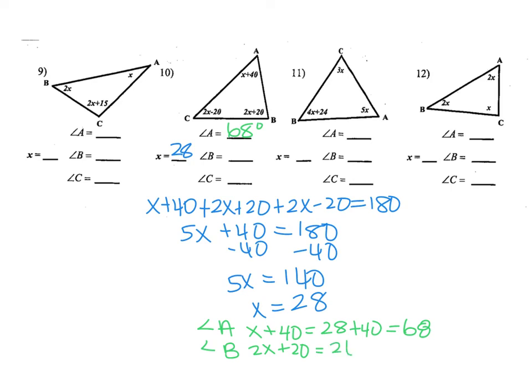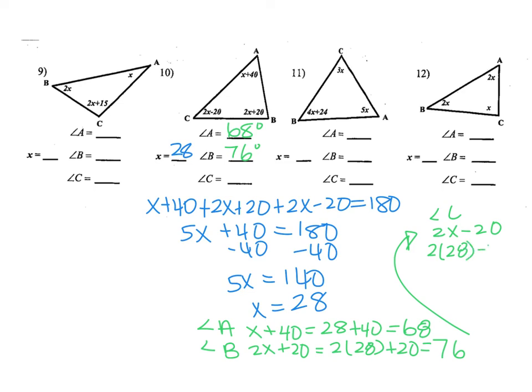So we have 2 times 28 plus 20. 2 times 28 is 56, plus 20 would be 76. And lastly, angle C says 2x minus 20. So I'm going to say 2 times 28 minus 20. So 2 times 28 is 56. 56 minus 20 is going to give us 36.